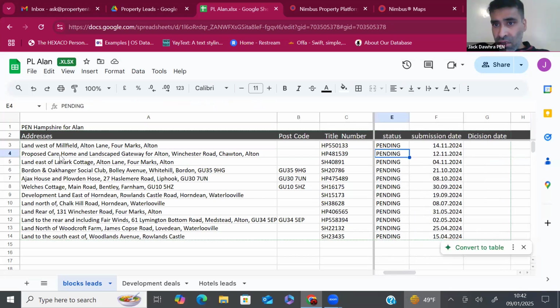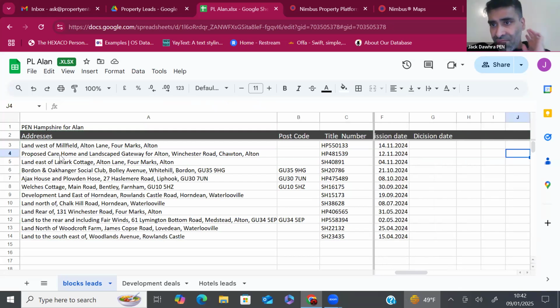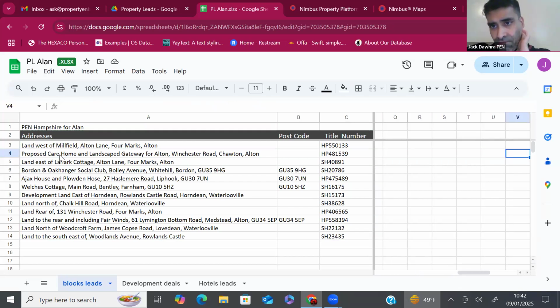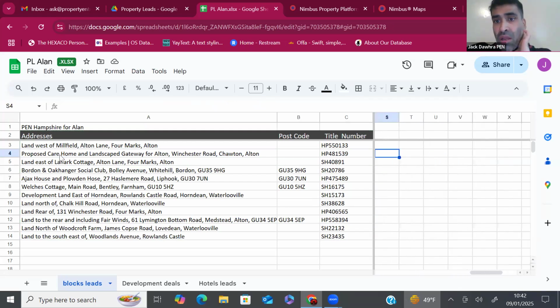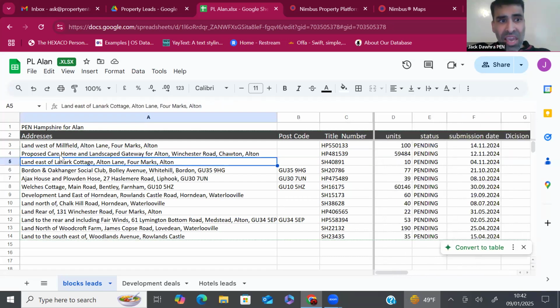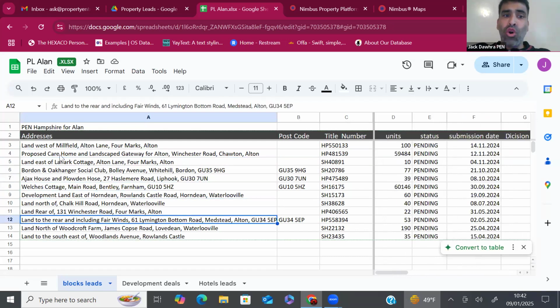Now look at this status and then submission date. That's all there is. But the team is working as we speak on going to early 24 and then 23 and even 22 to look at leads that will be a bit more mature for you to grab. Does that make sense?